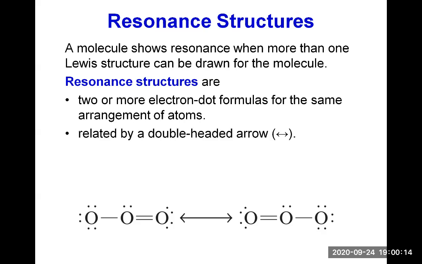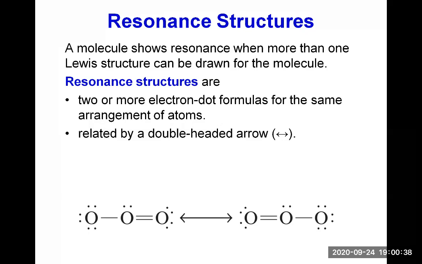And so we show a double-headed arrow between the 2 structures to show that the molecule is flipping between the 2 structures. And so that also tells you that the structure observed in nature for ozone is in between. It's a hybrid.